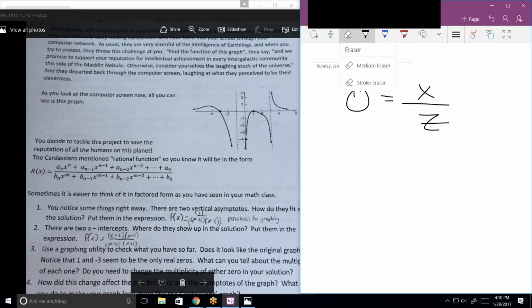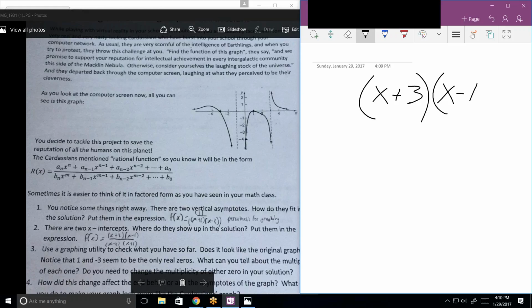So we don't really care what the denominator is, but the answer you came up with would be x plus 3 for the 0 on the left and x minus 1 for the 0 on the right, but the x minus 1 is what needs to be squared.